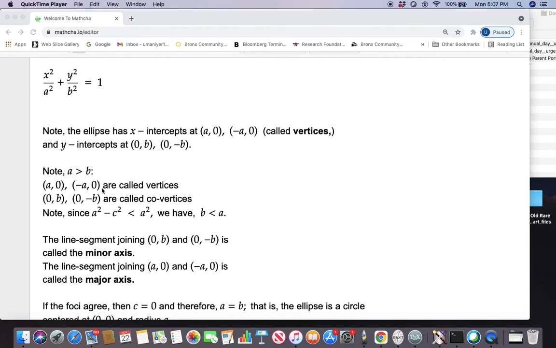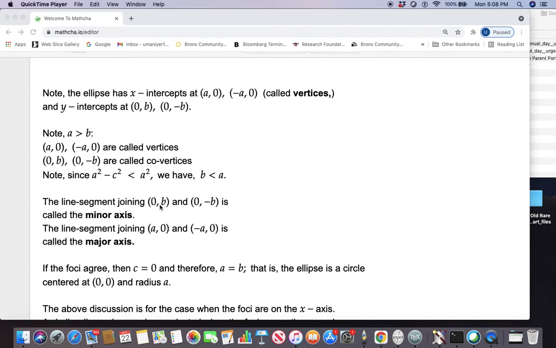(a, 0) and (negative a, 0), those were your x-intercepts. They are called vertices when your foci are on the x-axis. (0, b) and (0, negative b) are called co-vertices. a squared minus c squared is less than a squared. Therefore, we have b less than a.